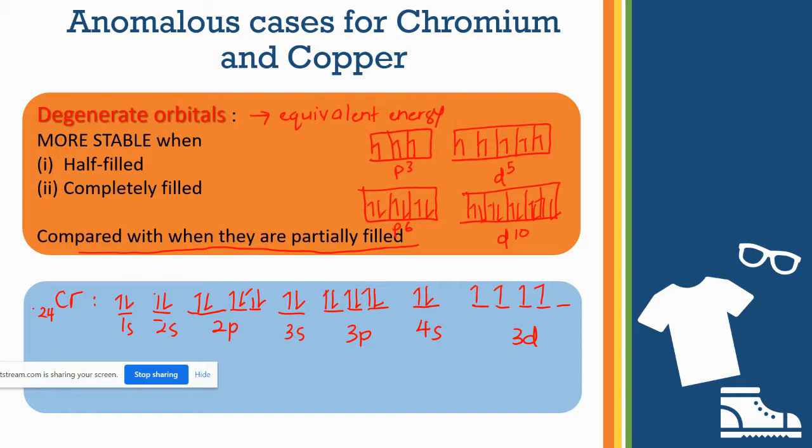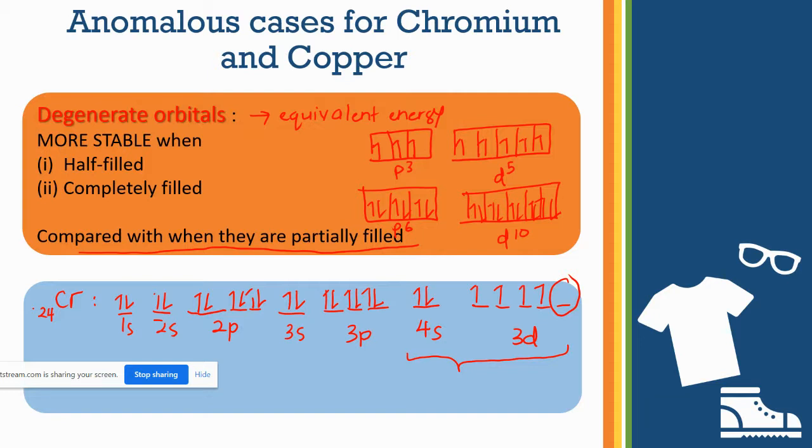So you see, this is the expected orbital diagram from the Aufbau principle, from the normal way of writing. However, knowing the characteristic, in this case, it needs one more to achieve the extra stability of 3d5.